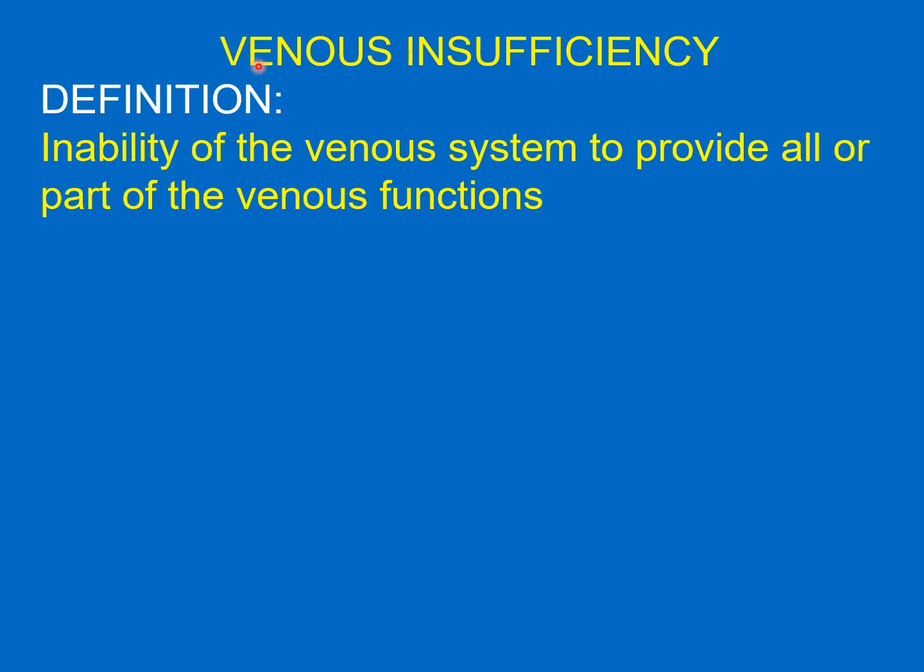Definition of venous insufficiency. Venous insufficiency is the inability of the venous system to provide all or part of the venous functions.